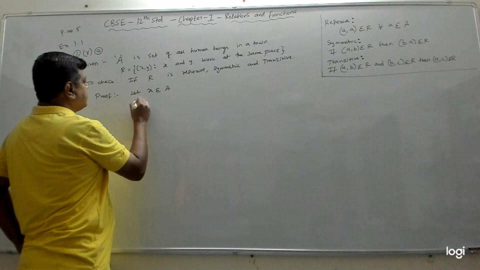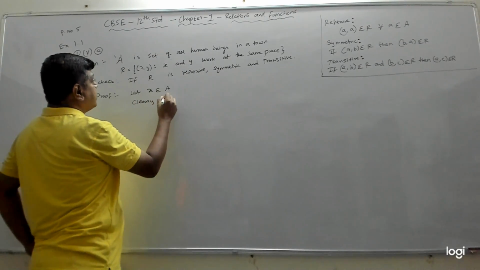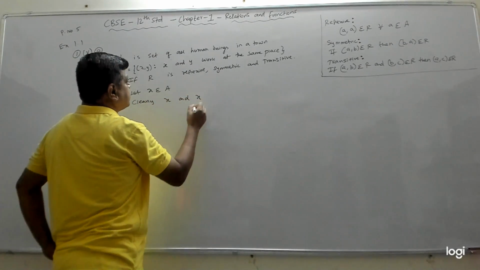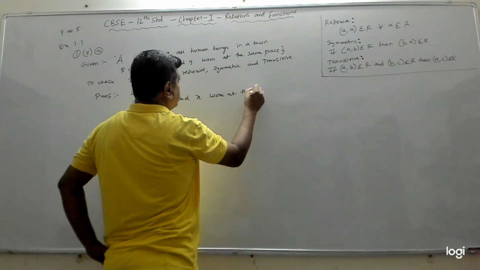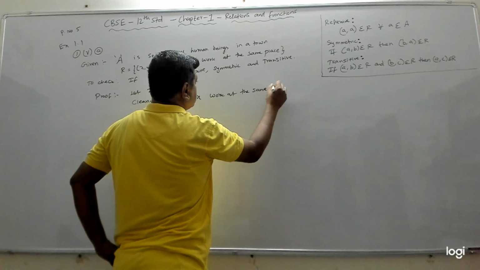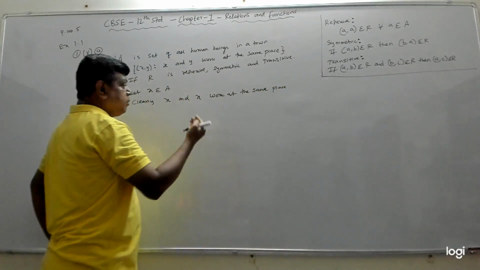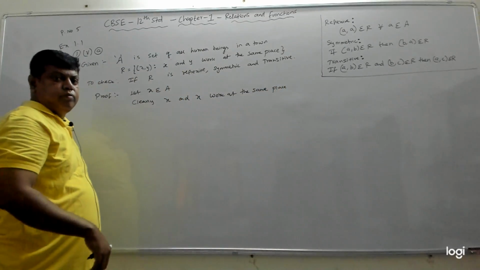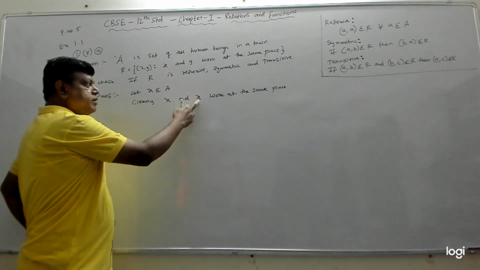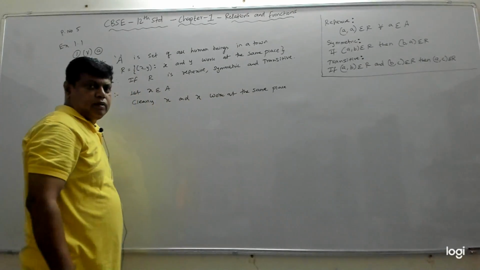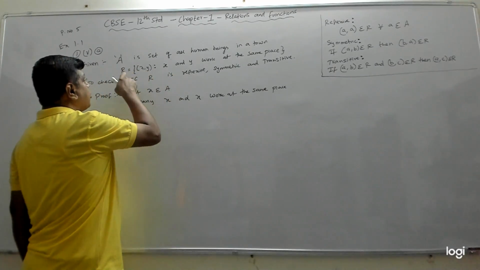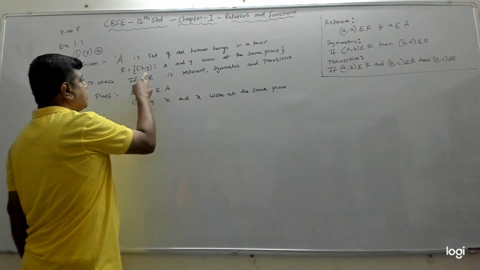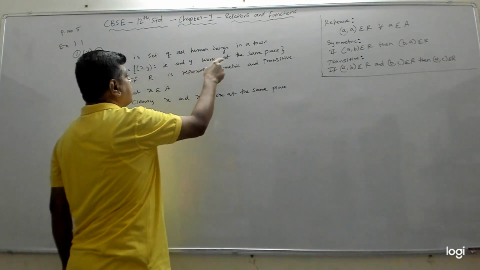Now we are taking one person, a human being from A. Then clearly X and X work at the same place, right? Which means every person is related to himself. If a person X and the same person X both work at the same place. So for X comma X to belong to R, we should prove X and X work at the same place.